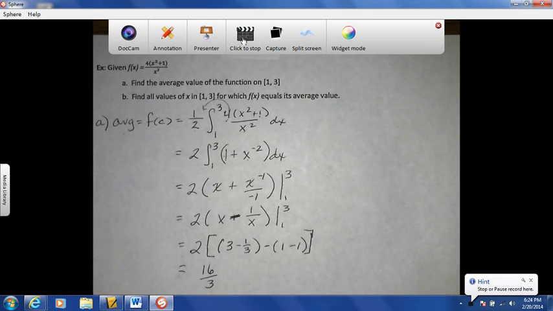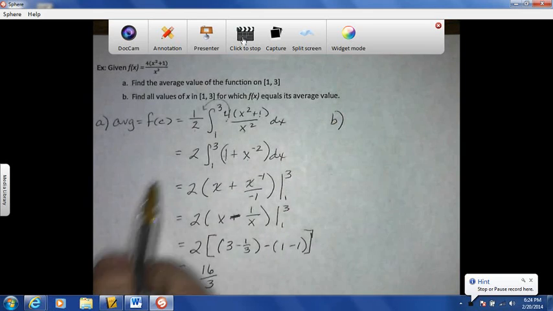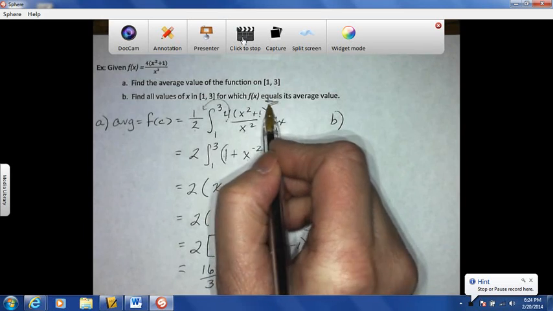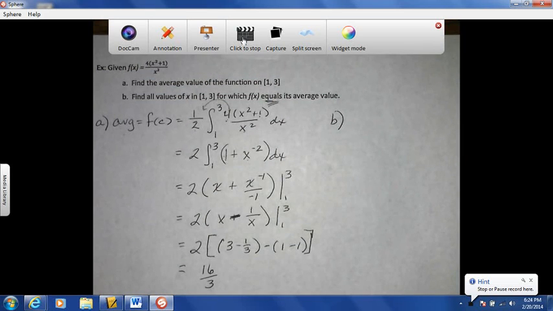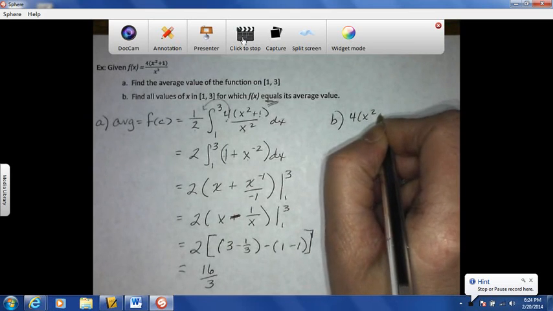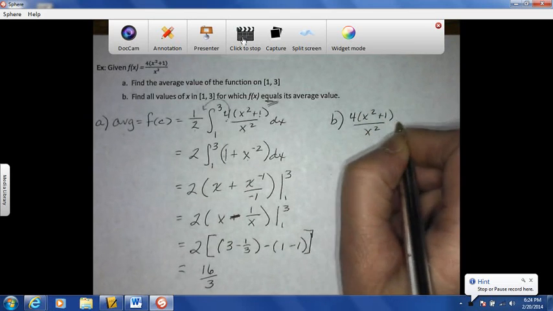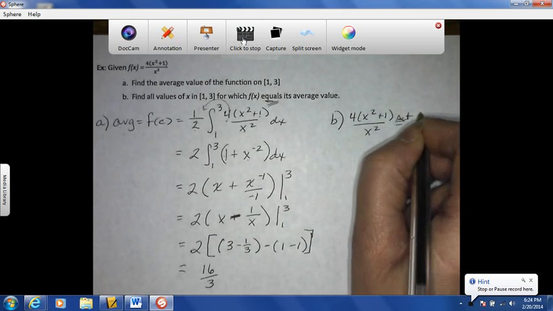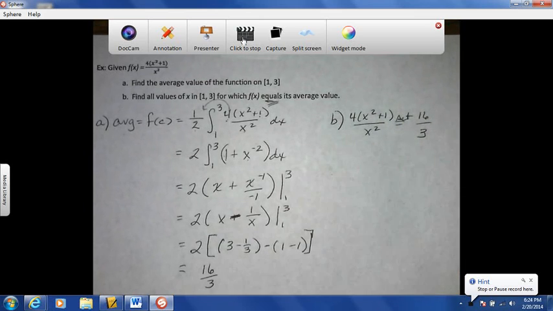Now, part B is asking us to find when the function equals its average value. So we're going to take the function, which is 4 times the quantity of x squared plus 1 over x squared, and we're going to set it equal to the average value of 16/3, and then solve.